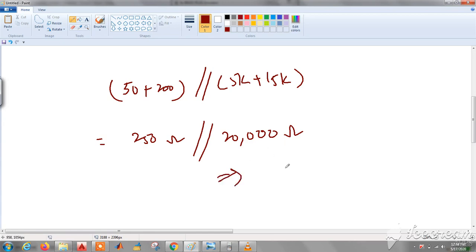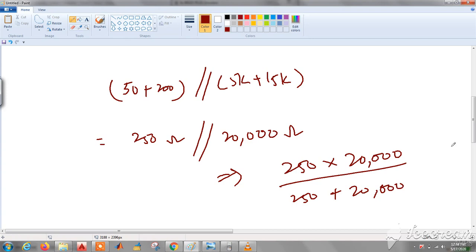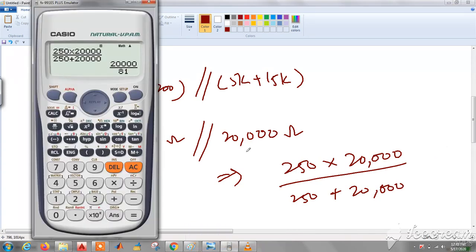So the equivalent resistance is 250 into 20,000 divided by 250 plus 20,000. This gives me 20,000 divided by 81 ohms, or 246.91 ohms.